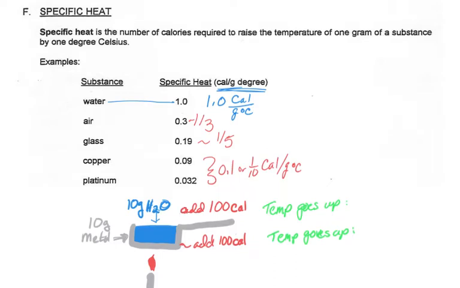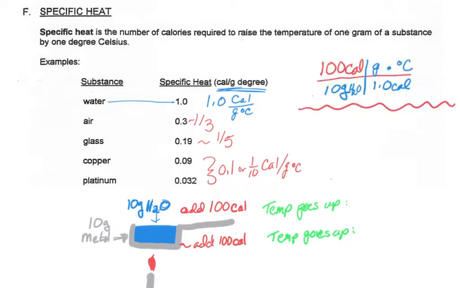For example, if we had the same mass of metal and water, and we added 100 calories of energy to each of them, we would see a difference in the temperature of those two substances. Specifically, if we had 10 grams of water and we added 100 calories of energy, we would see that the temperature would rise by 10 degrees Celsius.